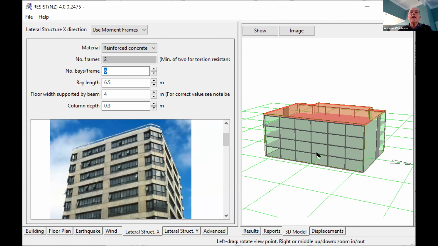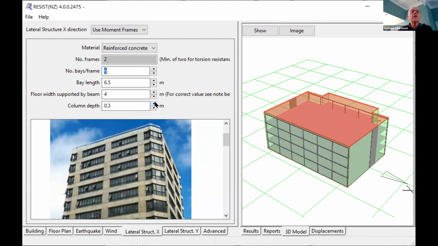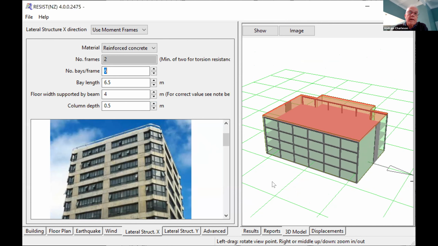And this frame is too weak, in my opinion. So I'm going to increase the column depth to say 0.5 meters. This is my guess. So this program is like trial and error.